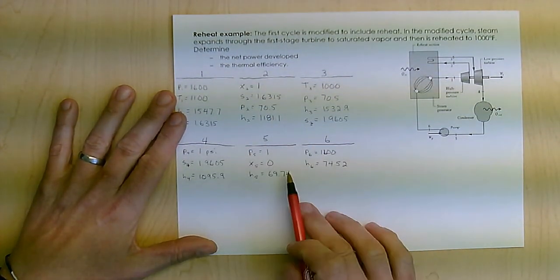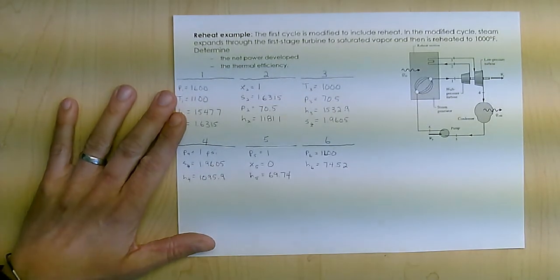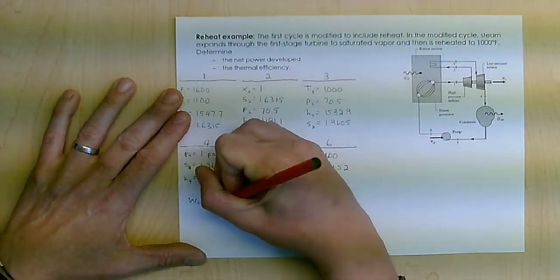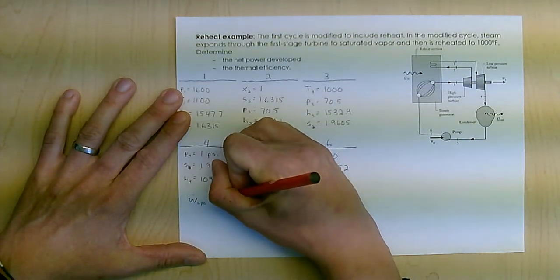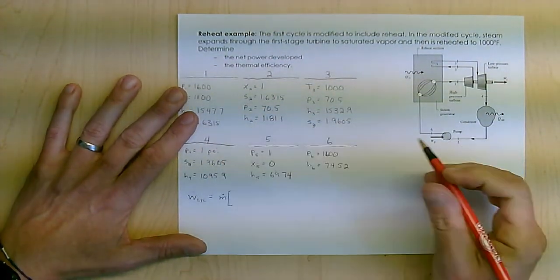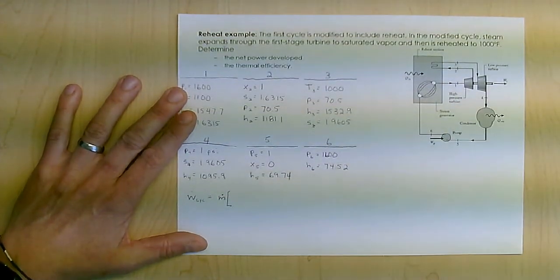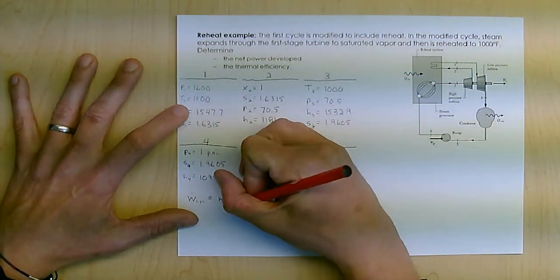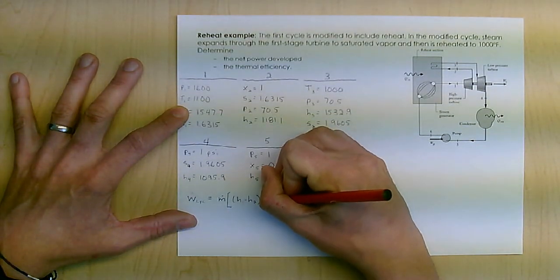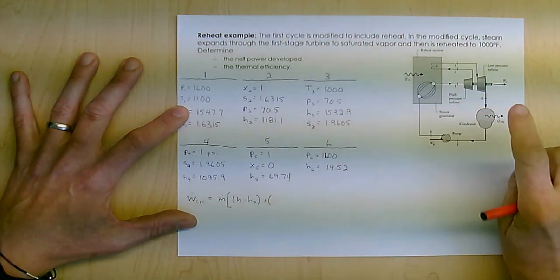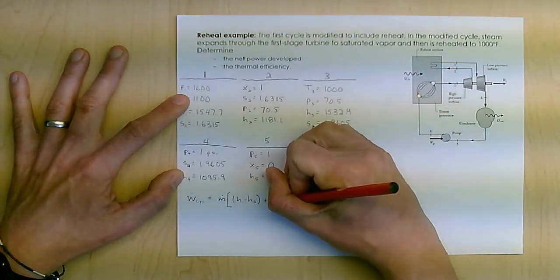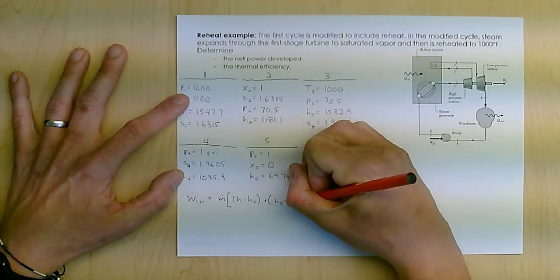Now I have all of my H values, and I can figure out what I'm trying to find. The net power developed is the work of the cycle. I know my mass flow rate; that was given in the original problem. This time I have two turbines to deal with. So it's going to be H1 minus H2, that's the first turbine, plus the second turbine, which is H3 minus H4.